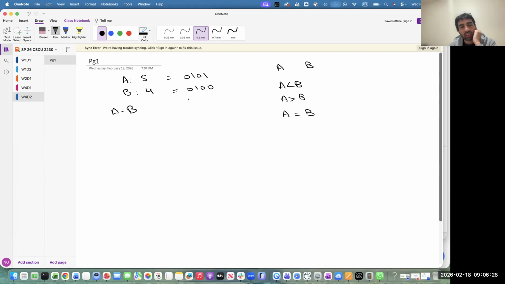So when I do A minus B, what will I get? 1, 0, 0, 0. And if this is my most significant bit, since I'm saying a 4-bit number, there is no borrow in, right? So what will be the value of my C flag and value of my Z flag? Anyone who wants to answer can unmute and respond.